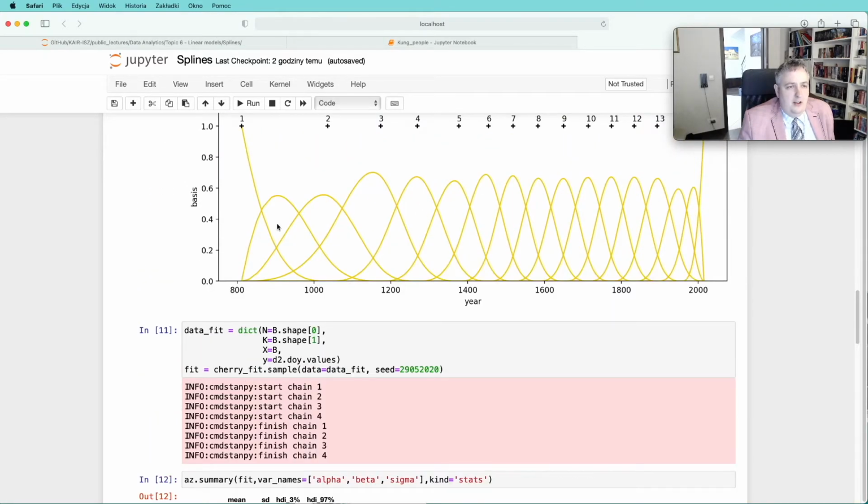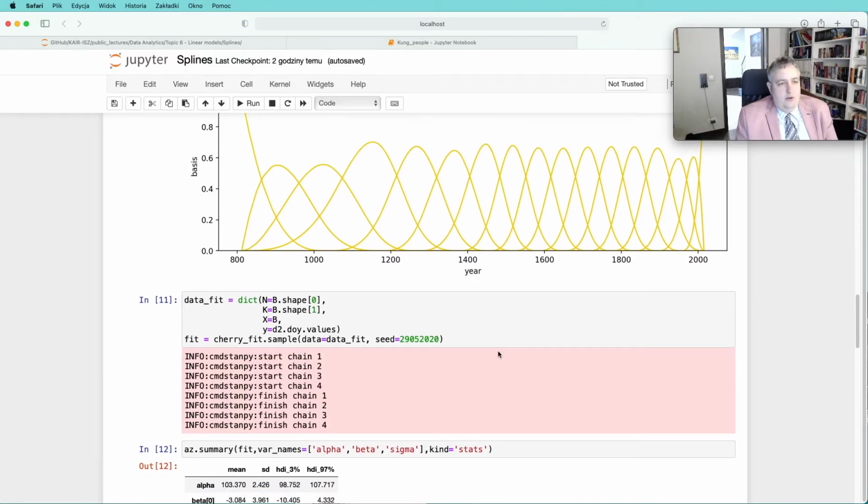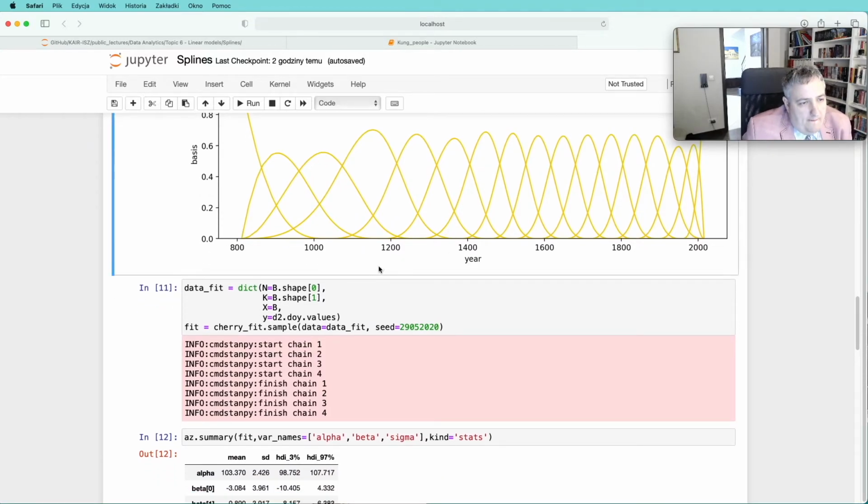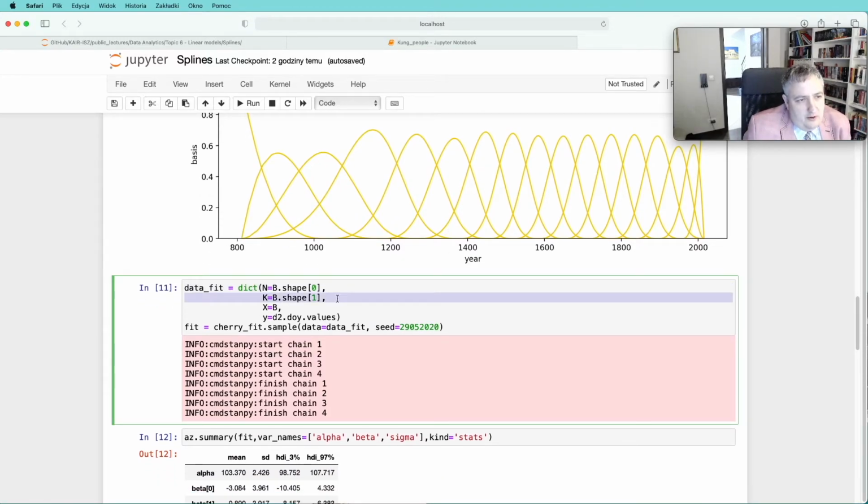So these are the elements of our design matrix. As you can see, they are 0 outside of the first few knots for each of those. So we provide the data set from our spline matrix.